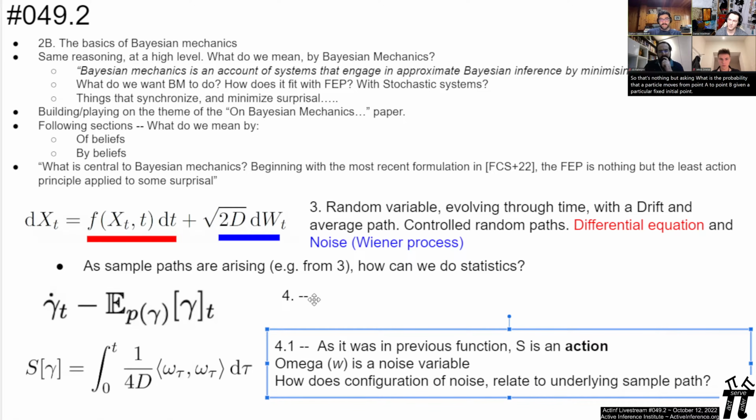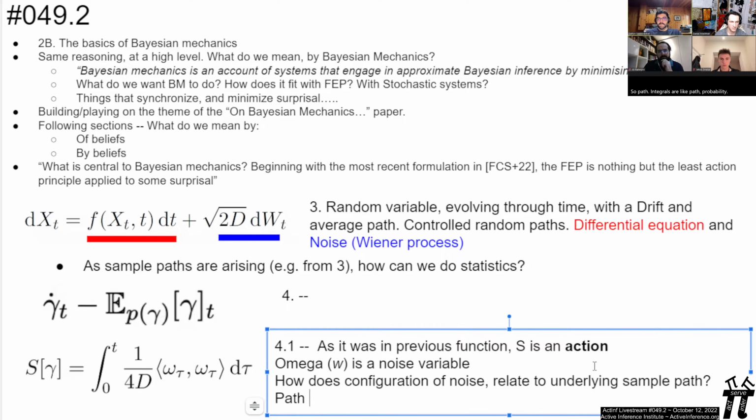What is the probability that it takes a particular path from A to B? So path integrals are like path probability densities, or at least they produce these things. It's not a coincidence that the same thing shows up there: if you take the action on paths and you put e to the minus S, then you get a path integral.